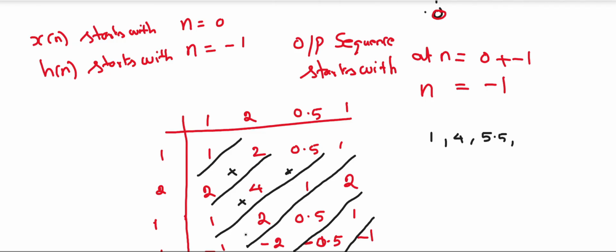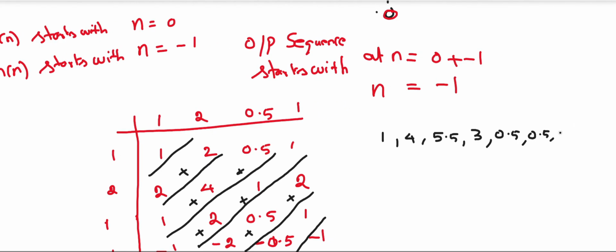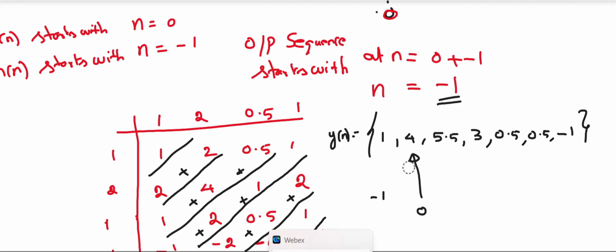The next one, minus 1 plus 1, will be cancelled, the value will be 3, and minus 2 plus 2 will be cancelled. Then 0.5 plus 1 minus 0.5, 1.5, and the final one is minus 1. This is the output sequence of length 4 plus 4, 8 minus 1, 7. The position starts from minus 1, so the 0th position will be 4.